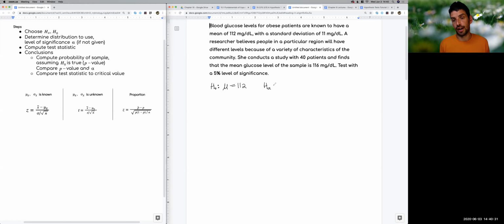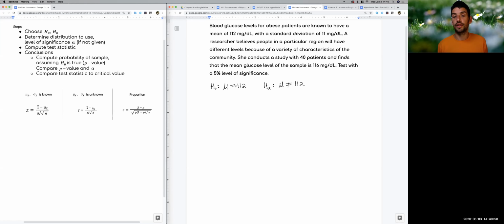The alternative hypothesis is that the mean, now notice, the researcher isn't making a claim whether it's bigger or smaller. The claim is simply that because of all the characteristics of the community, the mean will be different. So this is that the mean does not equal 112, okay?